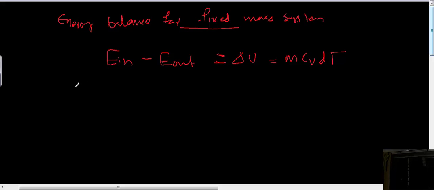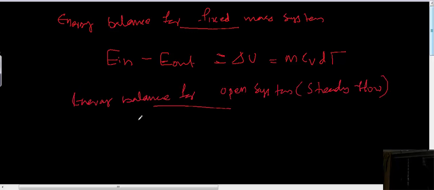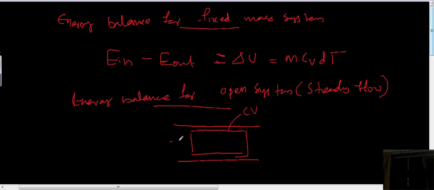Now if it is an open system, that is energy balance for steady flow systems. In practice, basically we are dealing with heat transfer systems, that is radiators and heat exchangers. So how to apply that? I will show you an example. If this is a pipe and I select this as a control volume, some fluid is coming in, and this is the fluid that is going out. This is coming with some heat energy and this is going out with some heat energy.